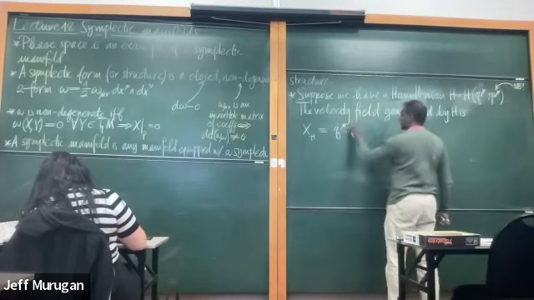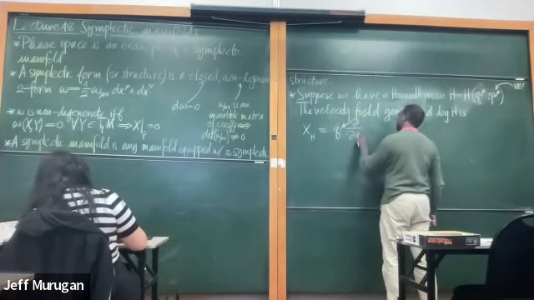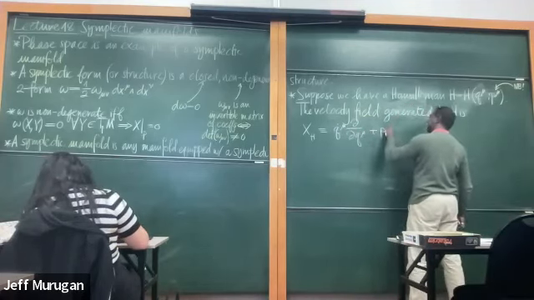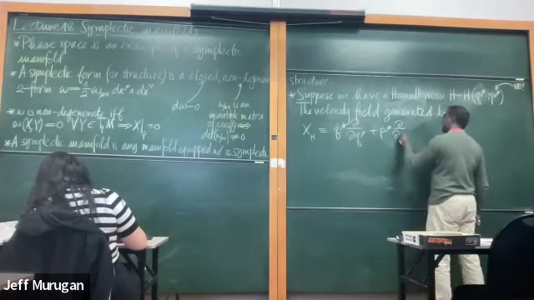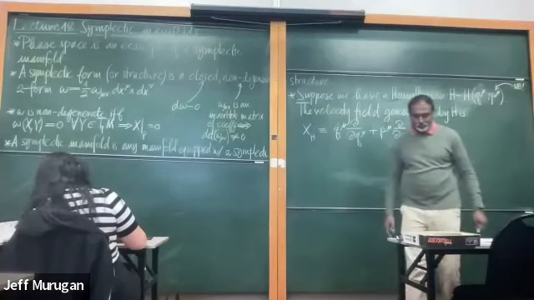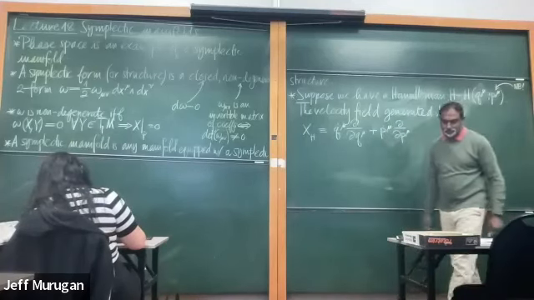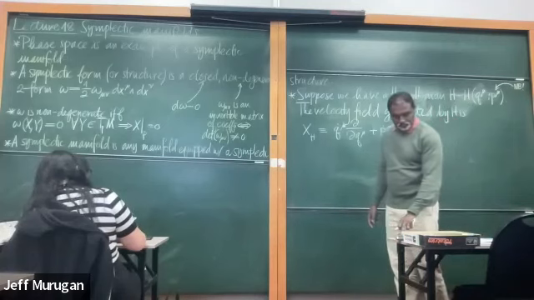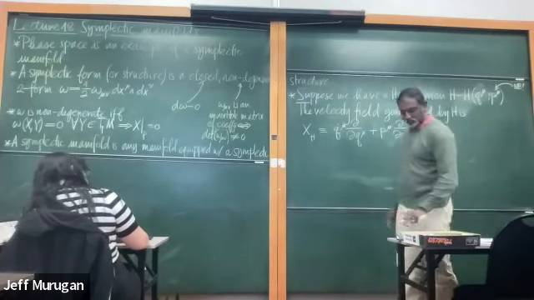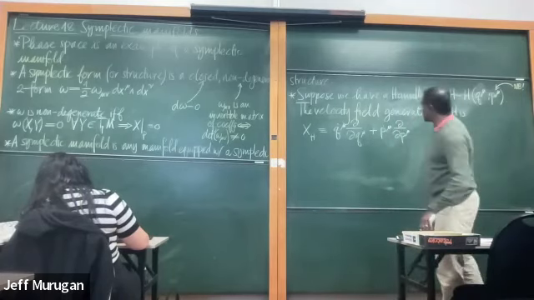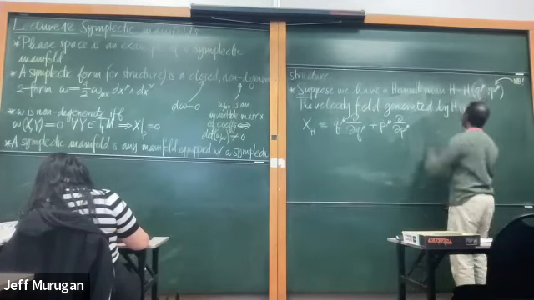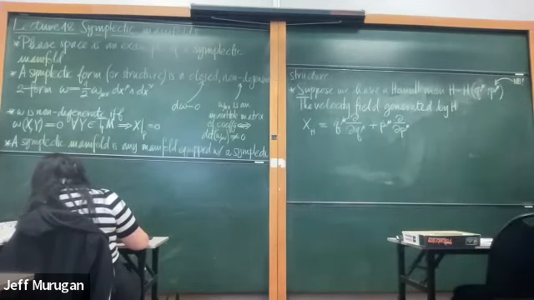X_H equals q-dot mu d by dq mu plus p-dot mu d by dp mu. This is the generalized velocity field, the velocity field generated by the Hamiltonian.